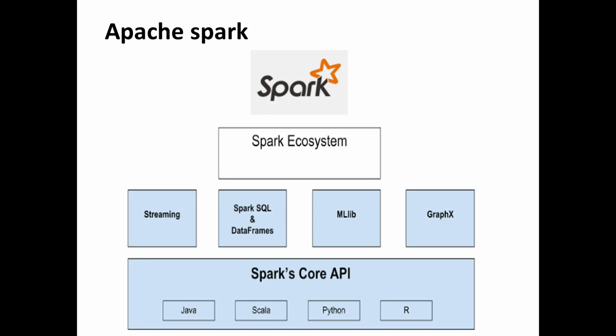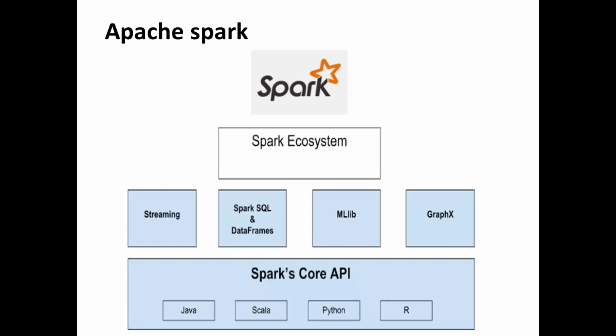But this is an in-memory big data processing engine, which is fast, right? And it has an ecosystem of streaming and processing, relational, non-relational, machine learning, graph, all kinds of data. It has the capabilities of processing that, right? And it supports rich APIs.